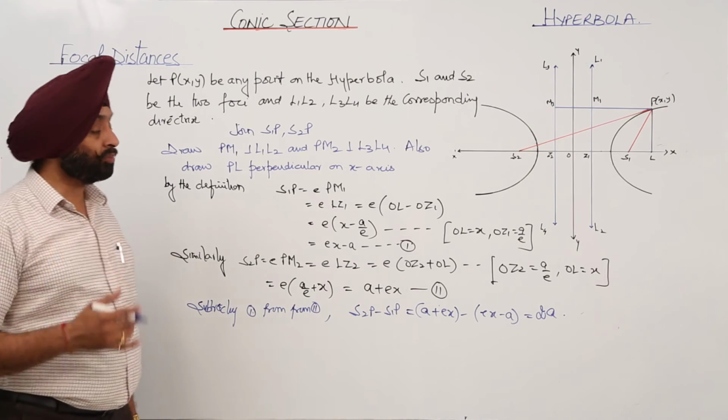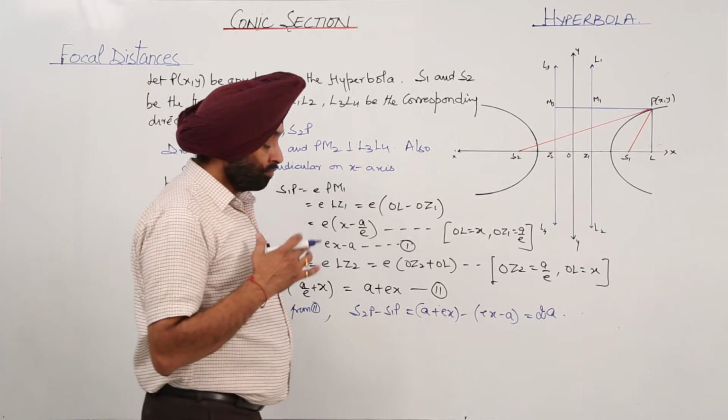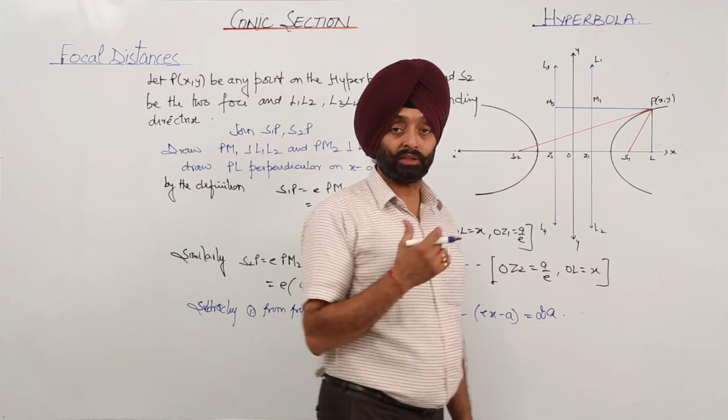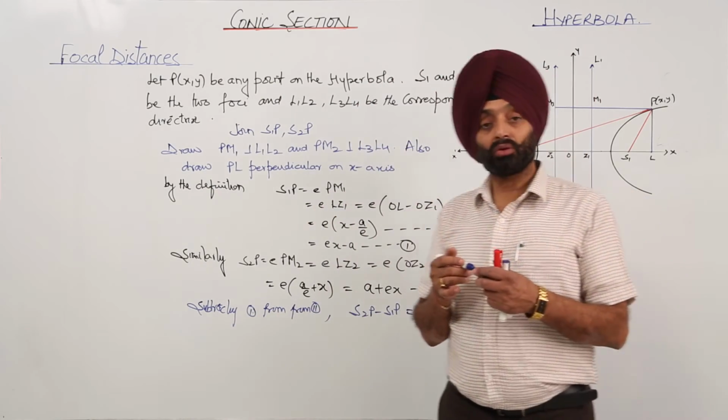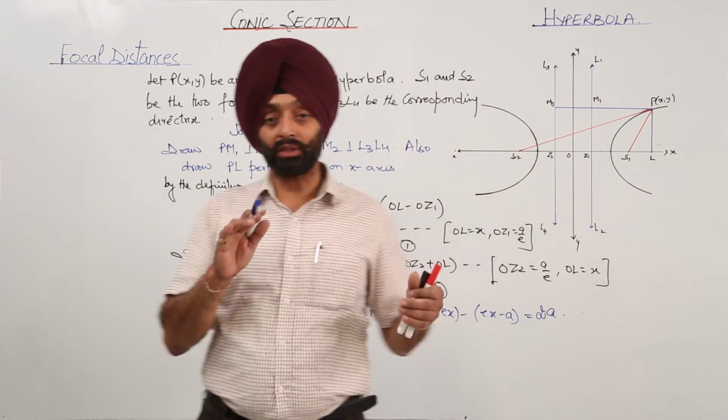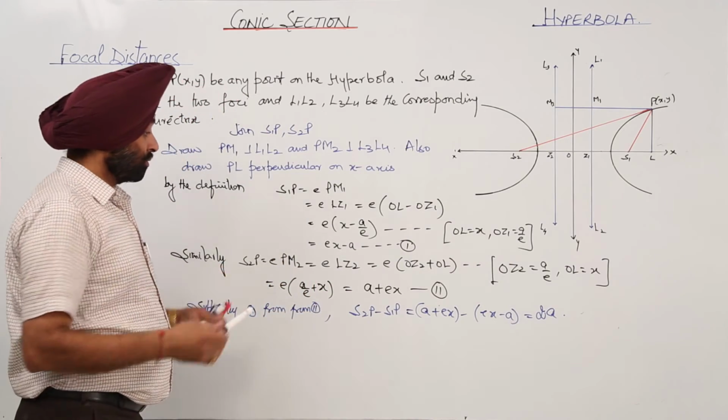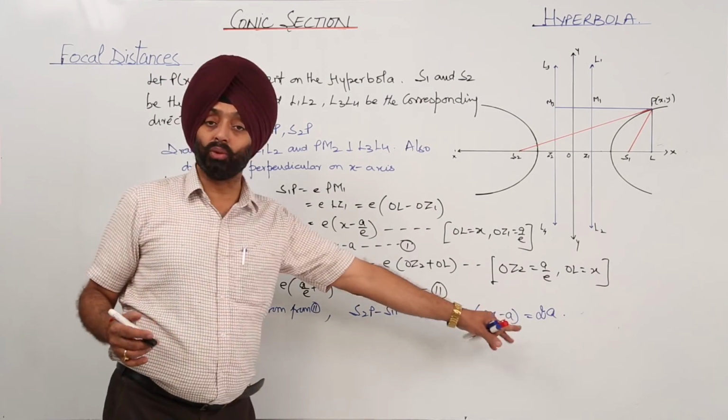So what I told you in the beginning, that the difference of the focal distances is equal to a constant term, or the length of the transverse axis. So from here, 2a is a constant term.